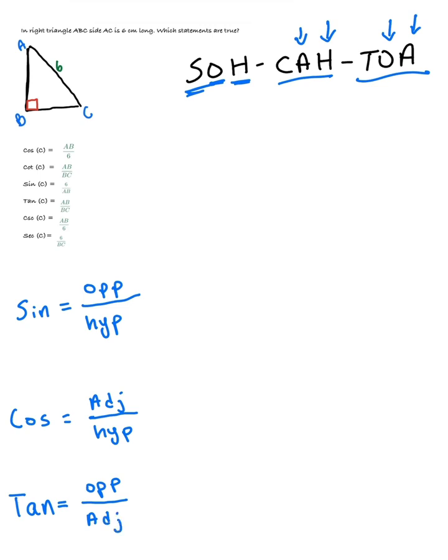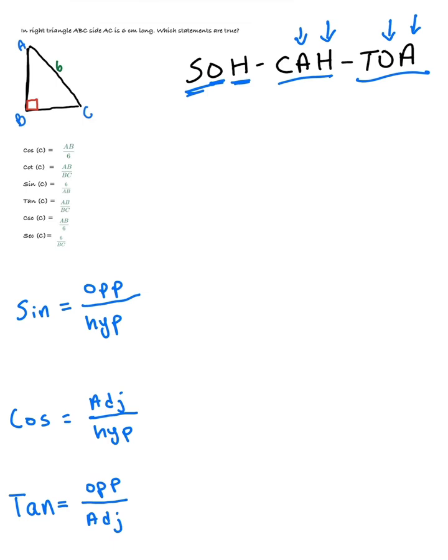Now that we laid those out, I know we are also working with cosecant, secant, and cotangent, but we'll leave that for a little bit. SOHCAH is one of the biggest things we have to remember. Once we have that, we have to start identifying what's opposite, what's hypotenuse, and what's adjacent.